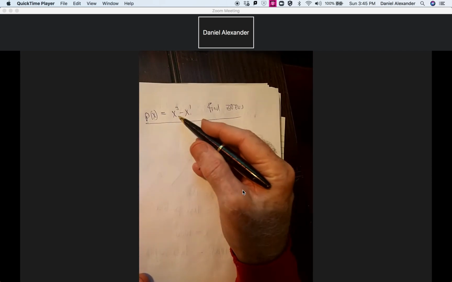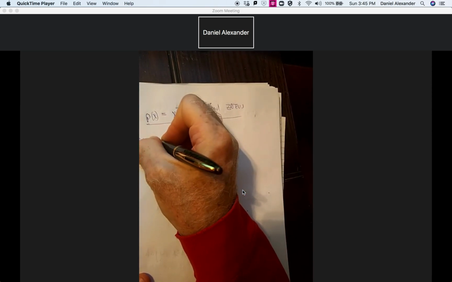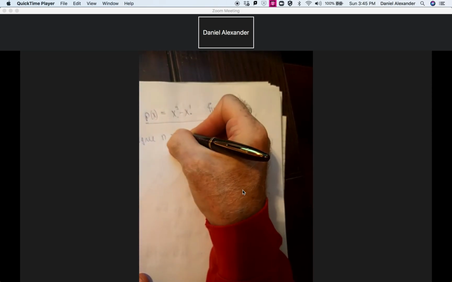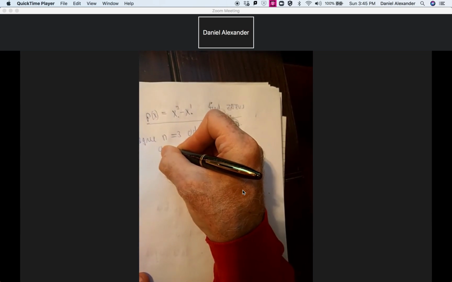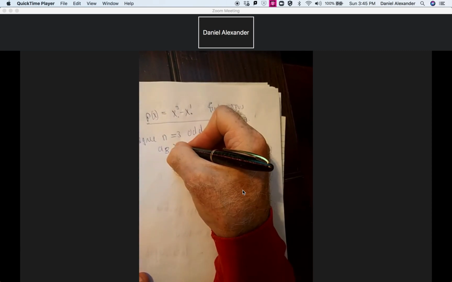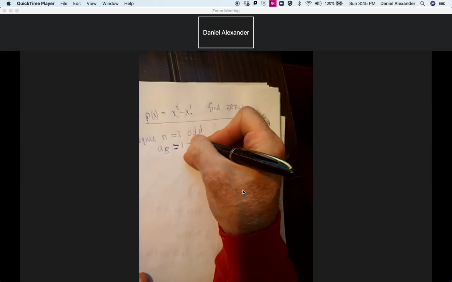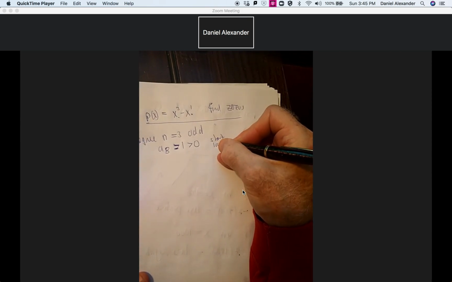Okay. So I need to graph this. I know that my degree, which is my n, is 3, which is odd. The leading coefficient, a_3, is 1, which is greater than 0. So I know it's going to start low and end high.